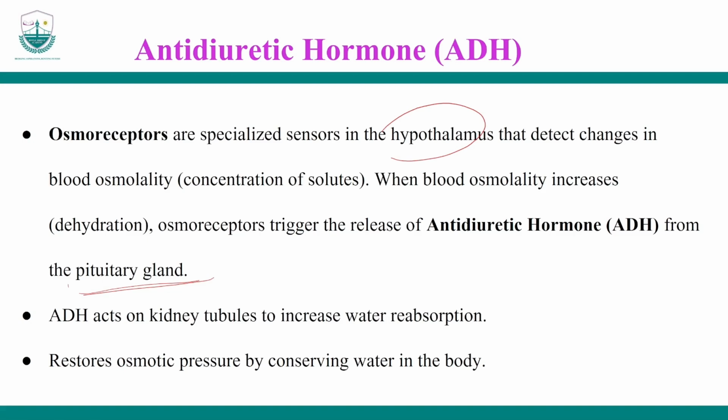Then this ADH will have an impact on the distal convoluted tubule and also on the collecting duct to make sure that water is reabsorbed, such that the urine that comes out is more concentrated.